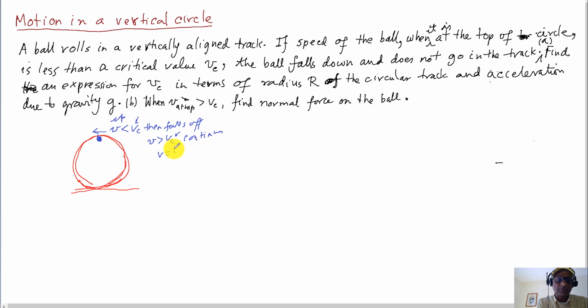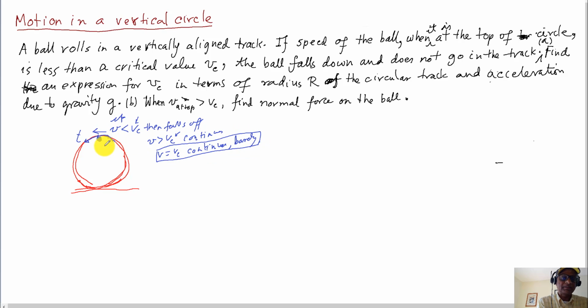When v equals vc, it continues, but barely. Okay, so that's the situation. At some instant t it's there, and because it's going, we're going to think about it continuing. We're looking for this continuing.